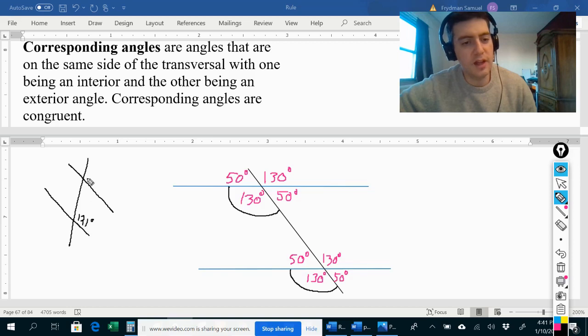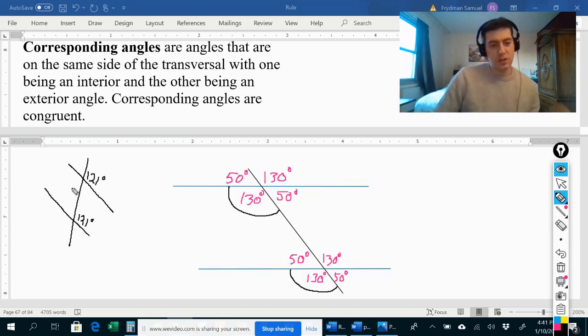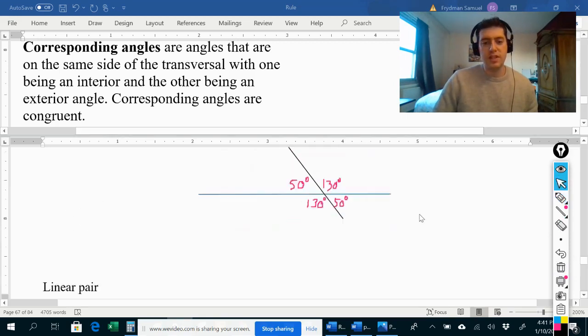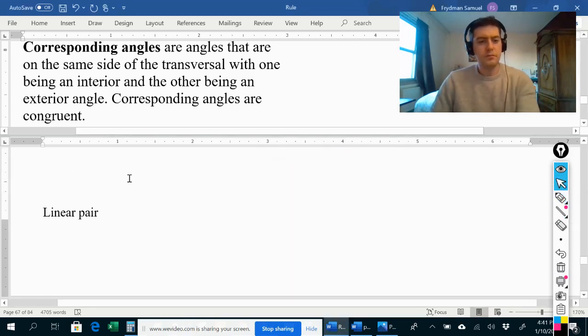Well, this angle and this angle would be corresponding angles. So this angle would also have to be 121 degrees, all right? Because they're both on the same side of the transversal, with one being an interior angle and the other being an exterior angle.